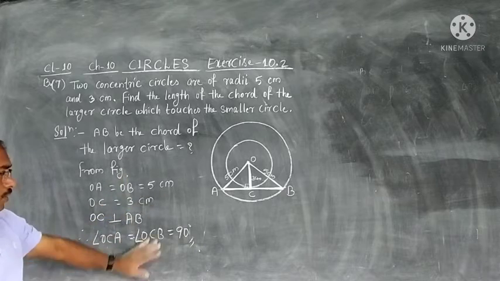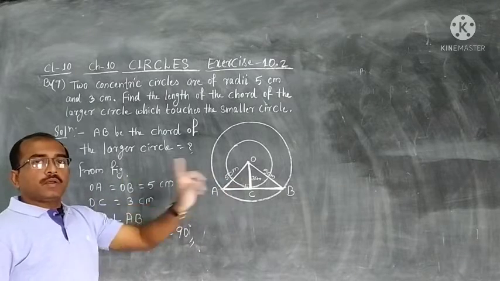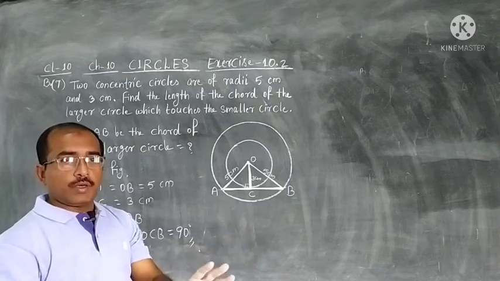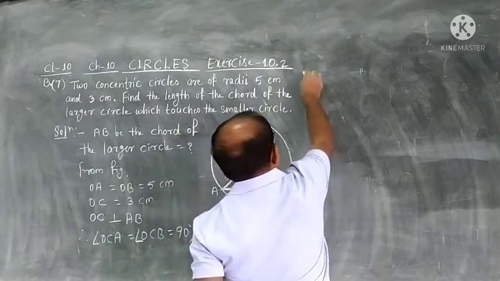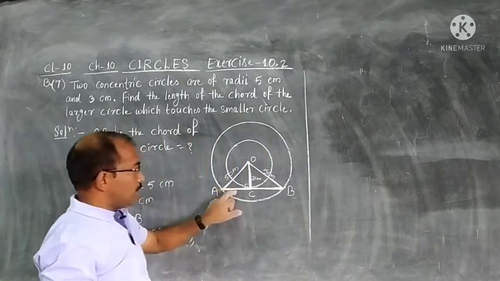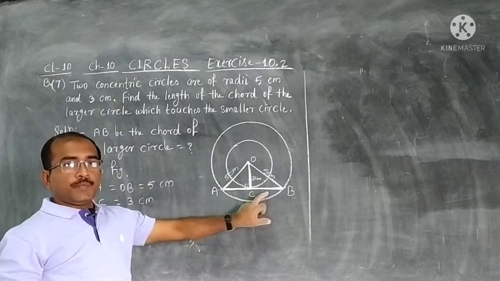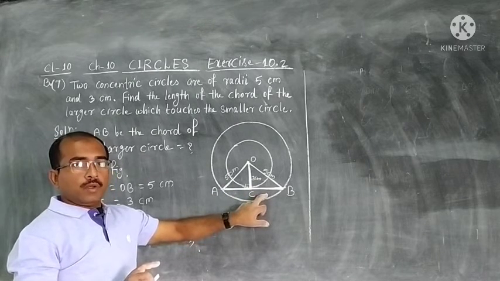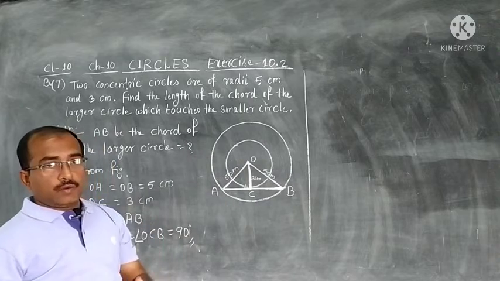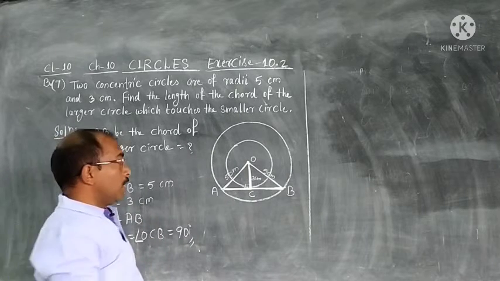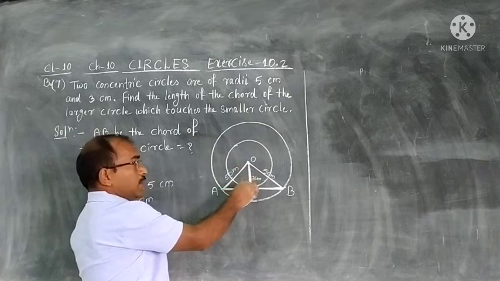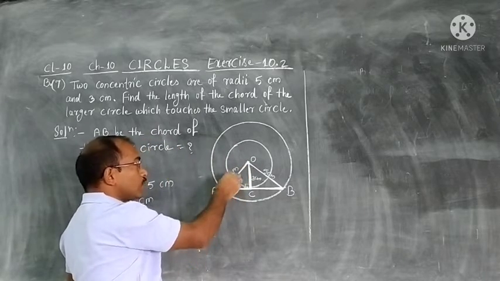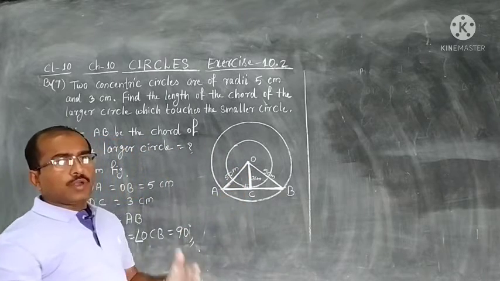With this we come to know this will be a right triangle, and the other one also will be a right triangle. Both will be equal. We will work in any one triangle. We need to find AC and BC. AC and BC will be equal, that we also know. So, how will we find it? In the right angle triangle, perpendicular is known, 3 centimeter, hypotenuse is known, but base AC is not known.